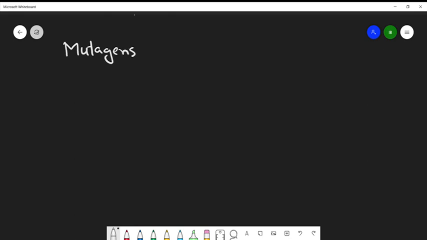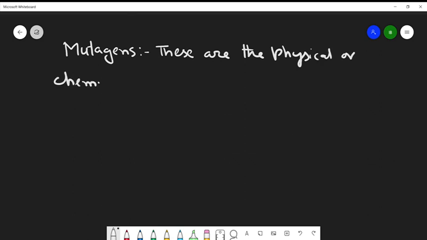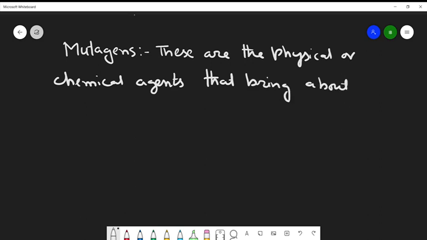What are mutagens? If we try to define the mutagens, these are the physical or chemical agents that bring about mutations.